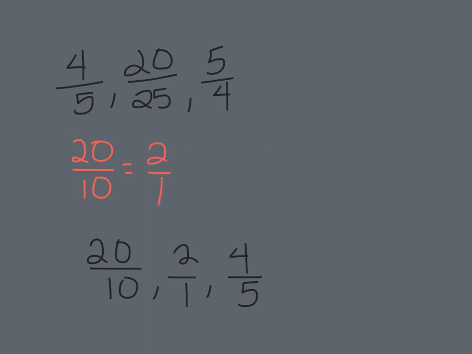So I have 20 times 1 equals 20, and then 2 times 10, that equals 20. So right off the bat, it was the first 2 again that I happened to check. That reduces down to 1, so the answer would be 20 tenths is equivalent to 2 over 1.